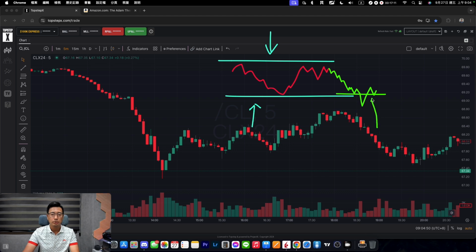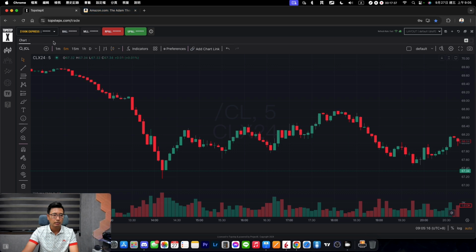This is my entry, not this one. Although it's got similar patterns, the position, the altitude is not right. I want it to happen at the lower part, at the edge, the resistance, the support at the edge. I want this one to happen. So this is a perfect example. Let's take a look at my trade.